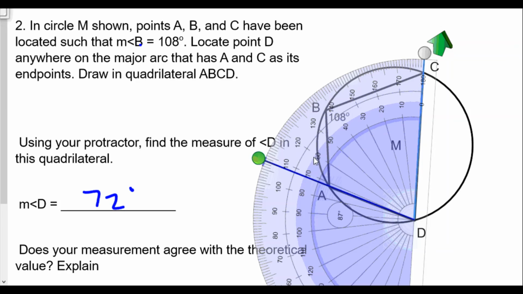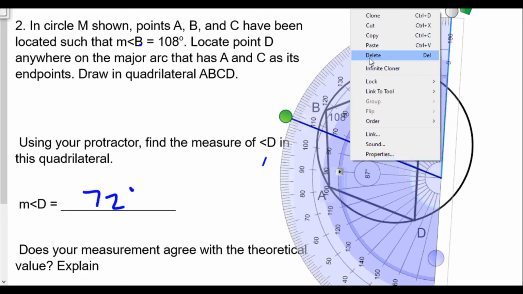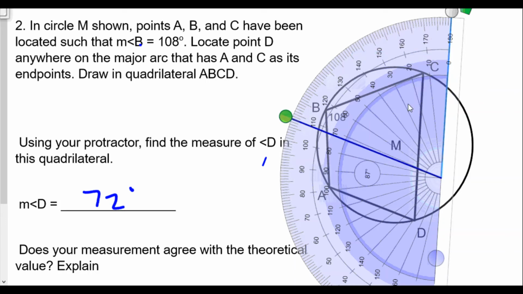Okay. All right. Fantastic. And so now maybe I can see if I can remove this here. Okay, maybe not. All right, so does the measurement agree with the theoretical value, and explain?